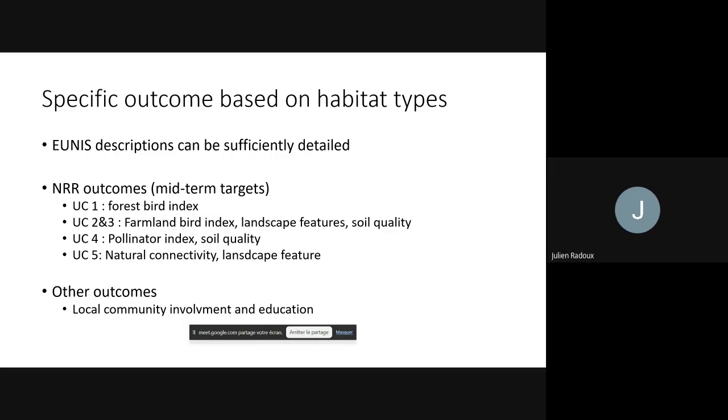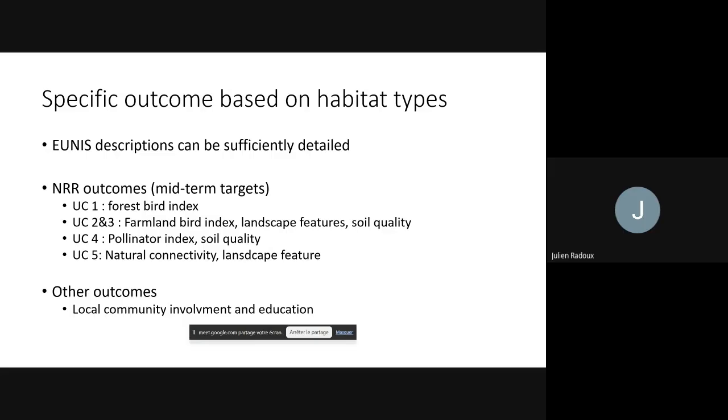You also have landscape features. It's between the outcome and the practice, but it's something that is visible and also directly measurable. And soil quality is more and more an issue, to make sure that we keep a good soil quality. Soil quality is also there for the outcomes for UC4 on grassland.